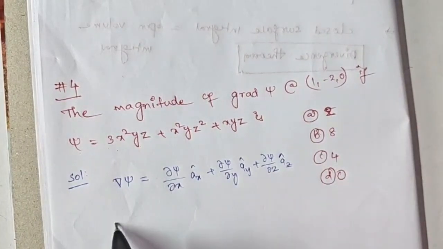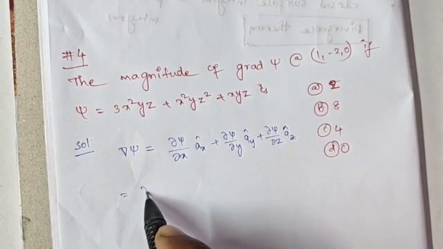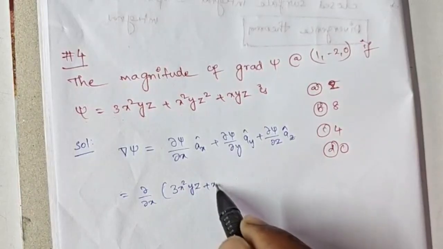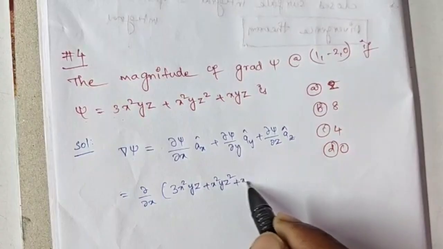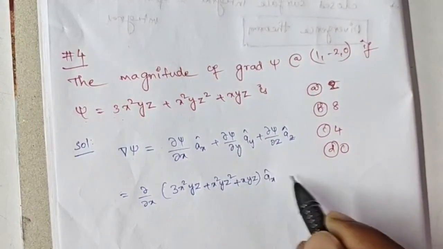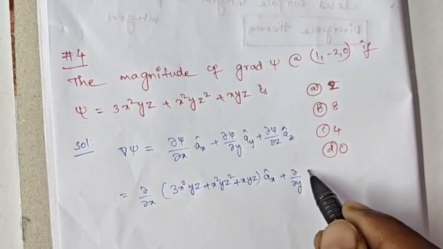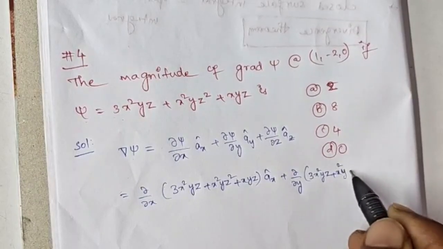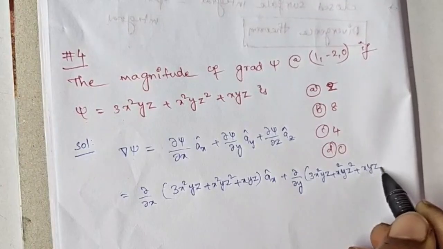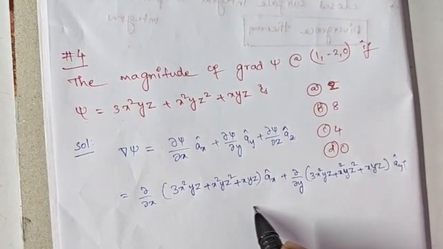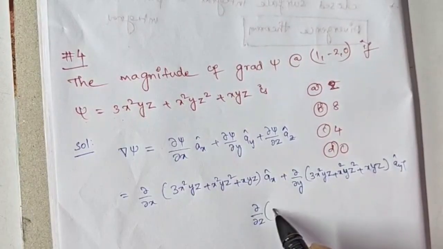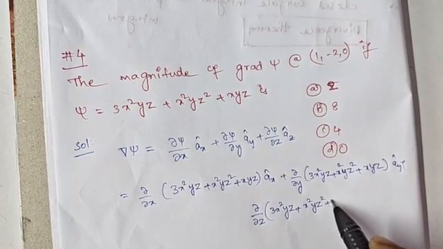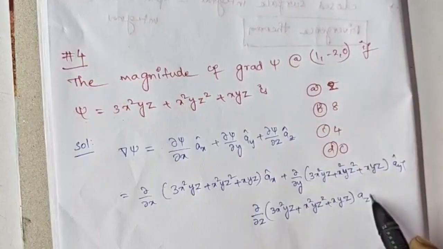Okay, now substitute psi value in this. Then we will get dou by dou x of 3x square yz plus x square yz square plus xyz ax cap, plus dou by dou y of 3x square yz plus x square yz square plus xyz ay cap, plus dou by dou z of 3x square yz plus x square yz square plus xyz az cap.